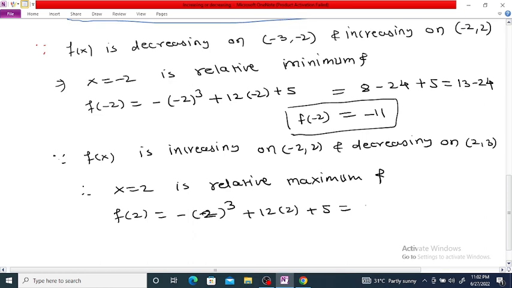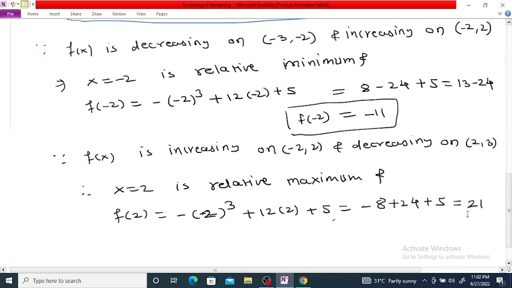So this is equal to minus 8 plus 24 plus 5, which is 29 minus 8, equal to 21.